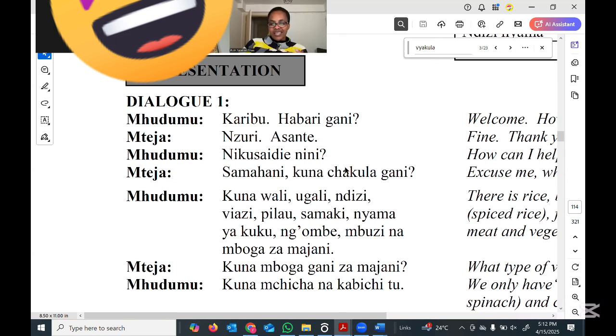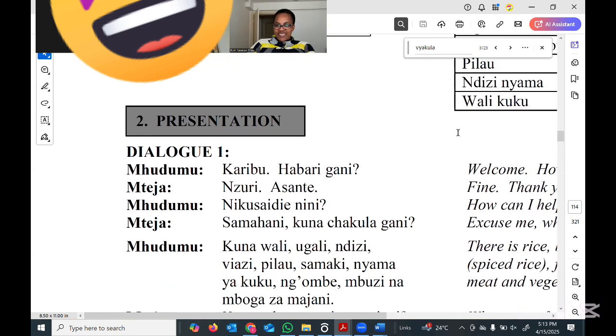You are requesting for food, and you assume what he responded, and then here is your food, your change, then good to go. Okay, maybe I will try the dialogue with you. So I will be your customer, and then you answer me, and then I have to respond. Okay. Is that okay? That's very okay. Sawa. So let me remove this so we won't cheat.